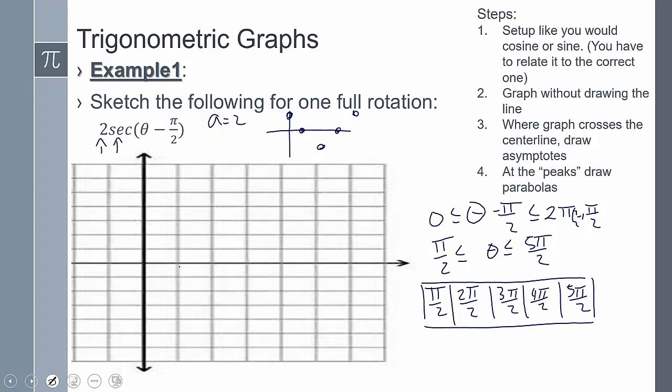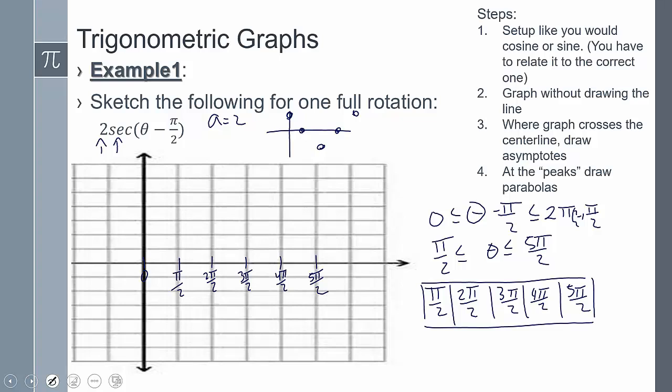So all of this looks like it's going up and down by pi halves. There's no vertical shift, so my center line is still at 0.